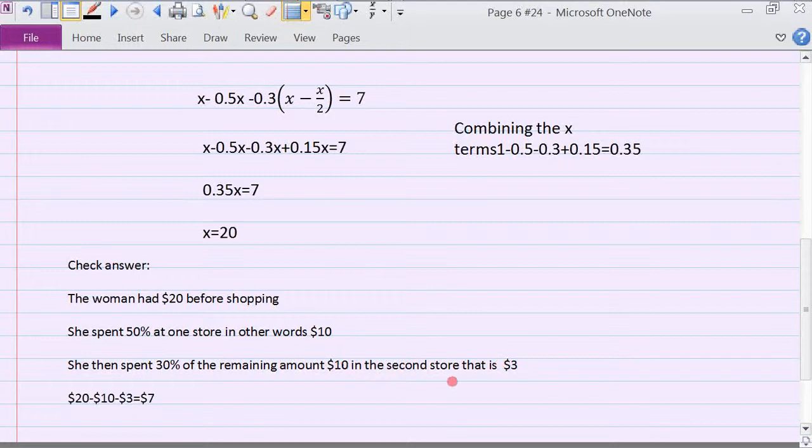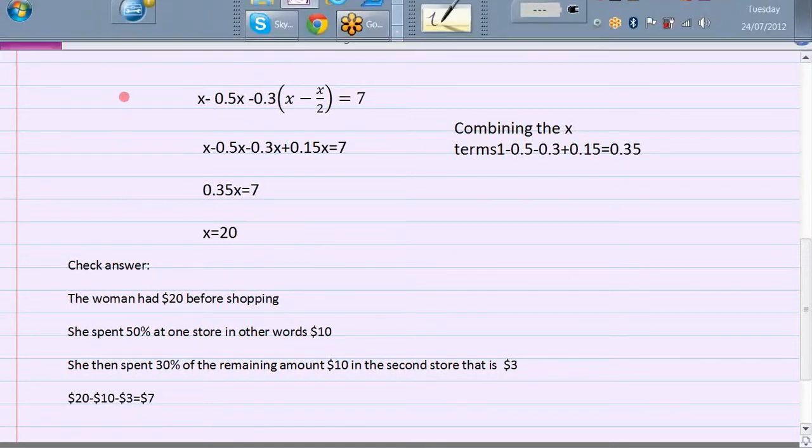So 20 minus 50%, minus 30% of this $10. 30% of $10 is $3. That gives me the $7 right here.